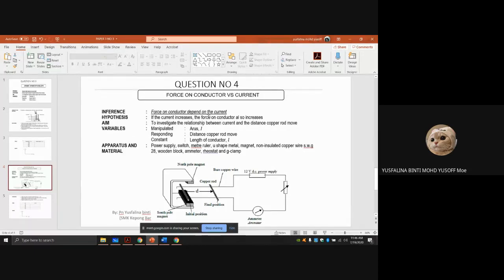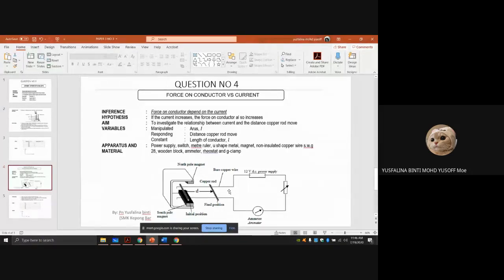Because in the lab, we don't have any apparatus that can measure the force of the copper rod moving. So I have to change it to something that I can measure. If the force is higher, the distance the copper rod moves will also increase, so I use the distance as a symbol of the force.